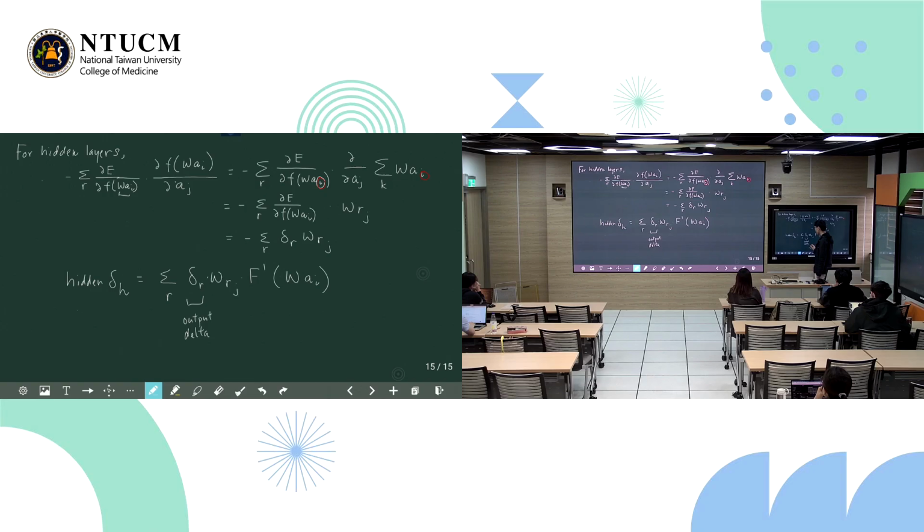In other words, the hidden deltas are the output delta, weighted by whatever weight caused that output delta.